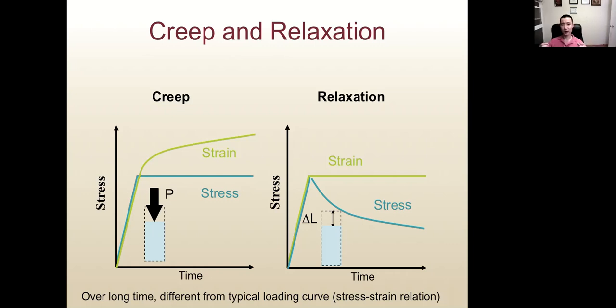It is actually caused by a similar reason as in drying shrinkage. When we have stress in the concrete, this stress will cause slippage between the C-S-H sheets, and some of this slippage is permanent, and some of it can be recovered.